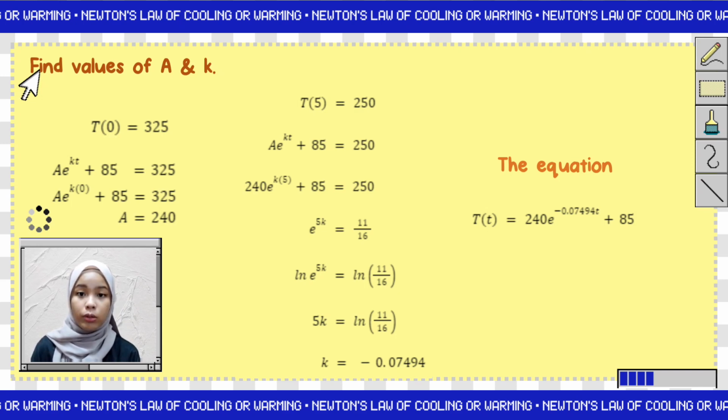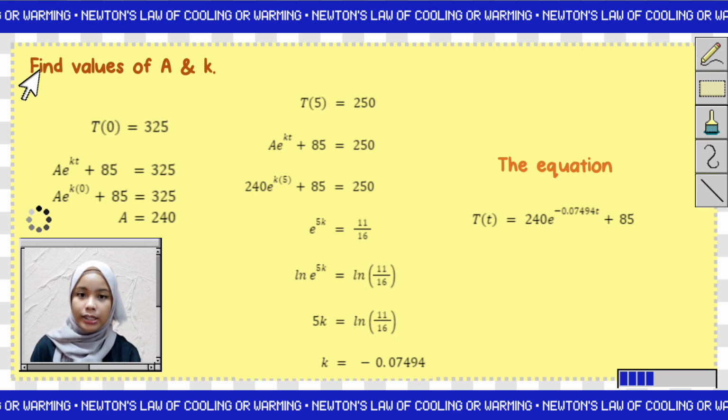So it will be 240e^(5k) + 85 = 250. We can solve the right side and leave the exponent of 5k on the left side. Then, add natural log on both sides so we can cancel out the exponent on the left side. Then we will have 5k = ln(11/16). Finally, solving for k, we get negative 0.07494, correct to 4 significant digits.